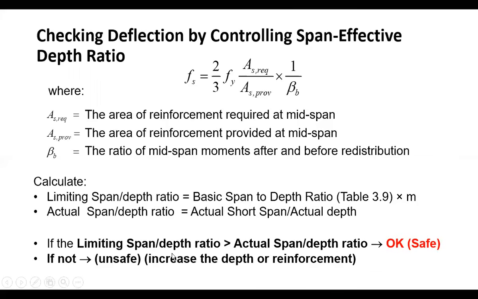If the limiting span to depth ratio is less than the actual span to depth ratio, it means it is unsafe. The solution in this case is to increase the depth, and in some cases, if you cannot increase the depth, you can increase the reinforcement, because it will help to make the deflection safer, because it will affect this value of Fs.